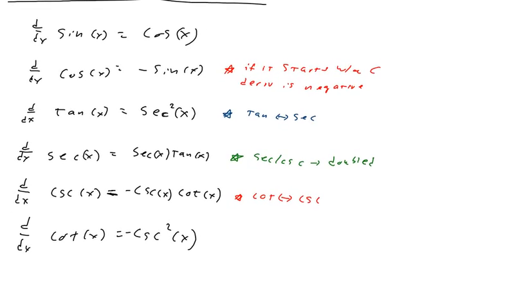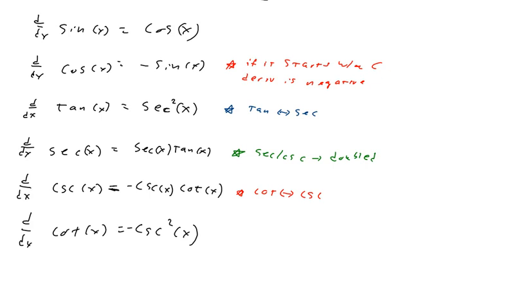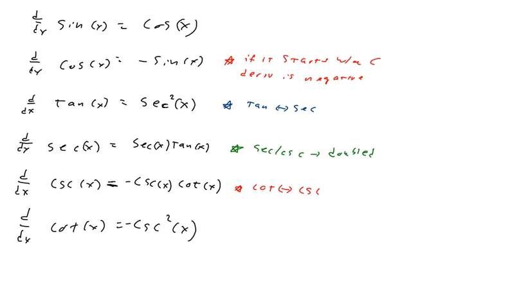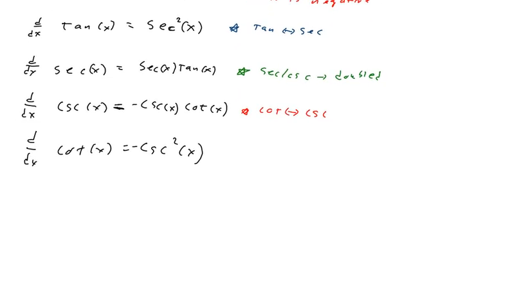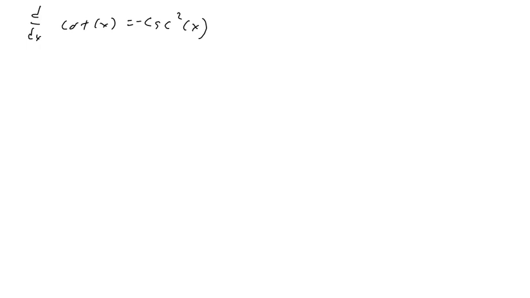Let's try an example. What if my function, f of x, is the sine of 3x squared? What if I want to find the derivative of this? The derivative of sine of 3x squared. This is going to be a chain rule.